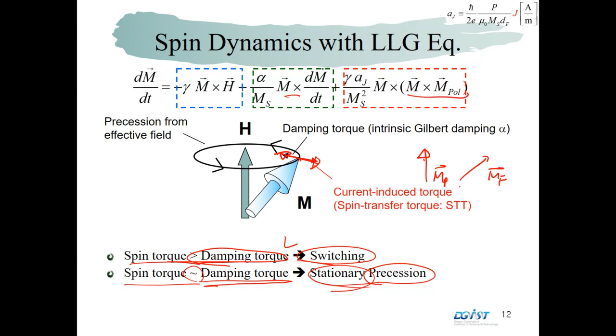Then this term generates this direction vector, right? And this term, if you multiply by m again, then we have this direction.